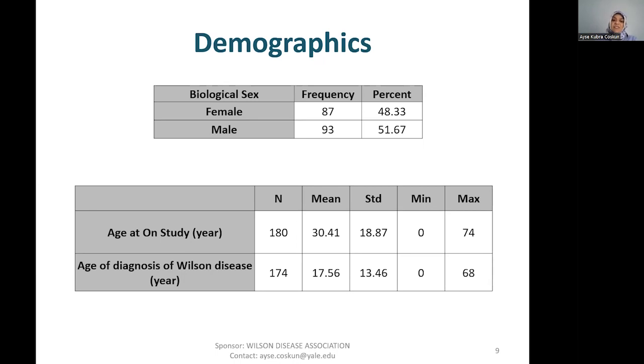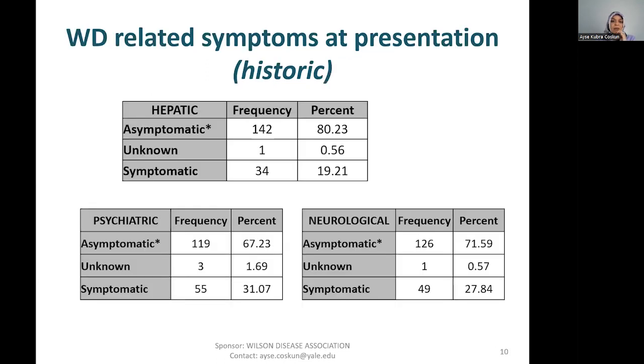Today, my time is limited, but I would like to at least share 2 examples of the data we collected during our first years of registry study. So often, a time gap is observed between the initial appearance of Wilson disease-related symptoms and actual diagnosis. So it was important for us to catalog the initial symptoms related to Wilson disease.